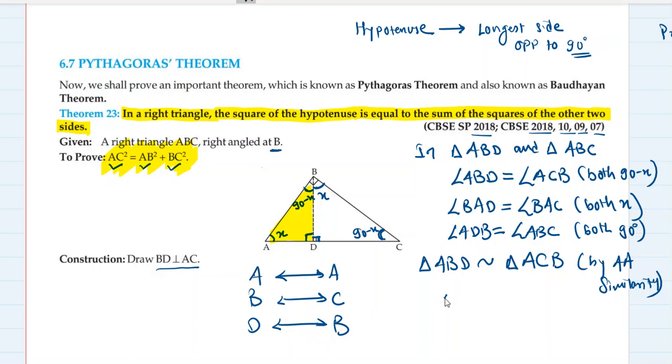So that will be AB upon AC is equal to AD upon AB, right? CPST. Now you must be wondering how did I come up with these sides, AB, AC, AD, AB? How? See, first look at what we have to prove.